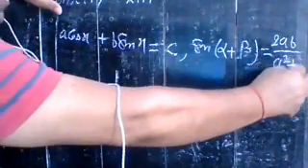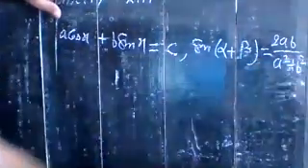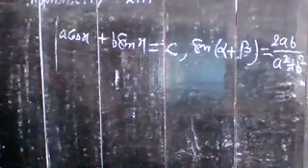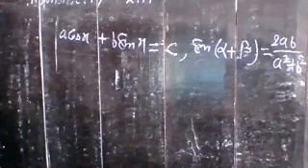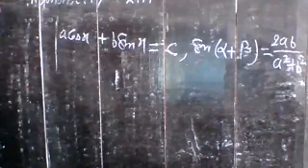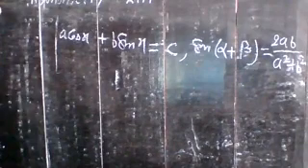That is your question. If alpha and beta are the distinct roots of a cos x plus b sin x is equal to c, then prove the result in this way.